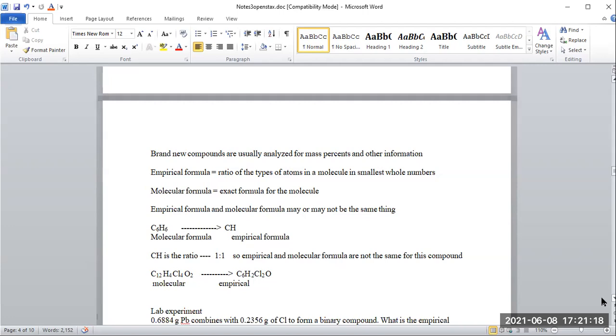So let's look at C6H6, and I'm going to draw a picture here for you on the whiteboard. Just because this is an important molecule and we will come back to it again later.